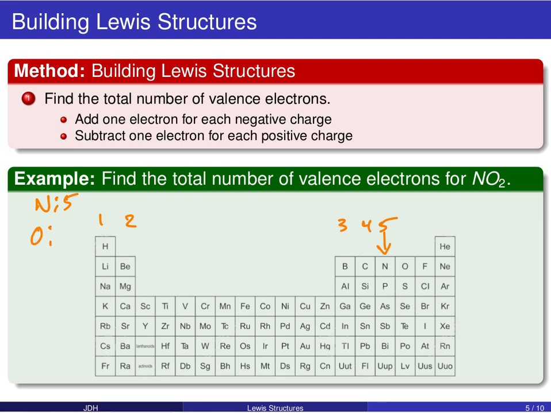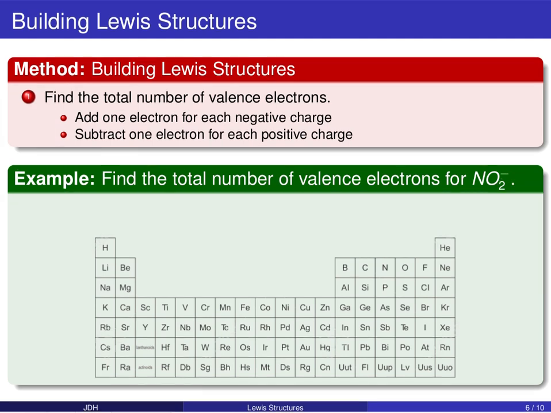Oxygen, in the same fashion, is going to have 6 valence electrons. So, of course, if we have 2 oxygens, then it's going to be 2 times 6. So we've got our nitrogen contribution, we've got our O2 contribution, and we are going to be left then with 17 total electrons.